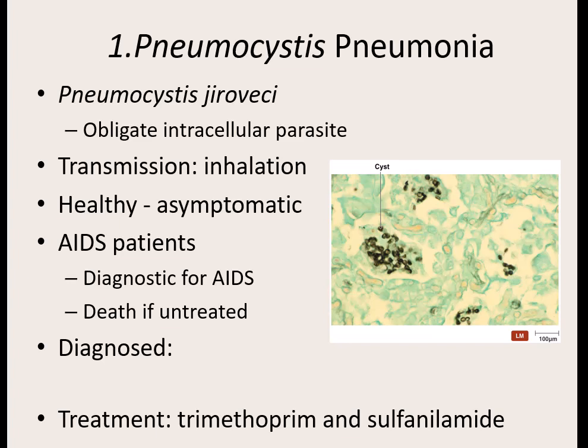Trimethoprim and sulfanilamide. The unique part is it's not treated with antifungals. These are not antifungal drugs. It's not itraconazole or ketoconazole, and it's not amphotericin. These are actually antiprotozoans, and I know next class we start getting into protozoans.